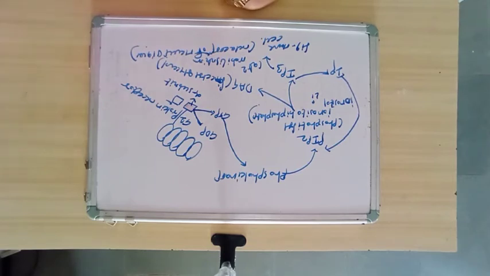So first, that is the Gq protein receptor, which when active has different subunits: alpha, beta, gamma. The alpha subunit, in its inactive form, is bound with GDP, that is guanosine diphosphate.